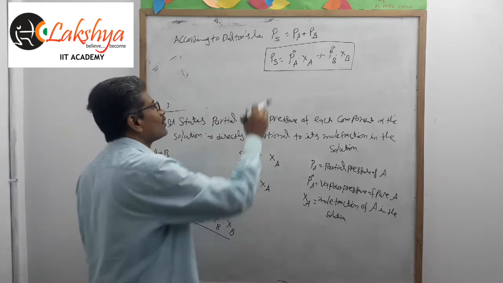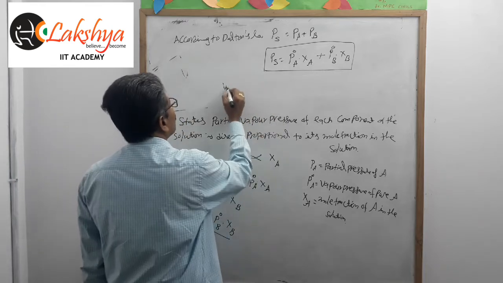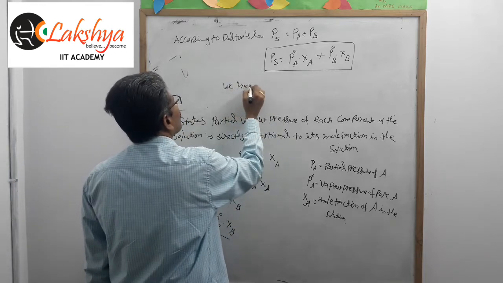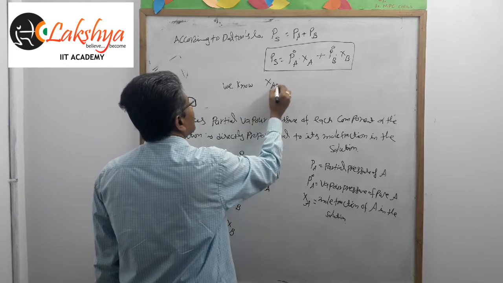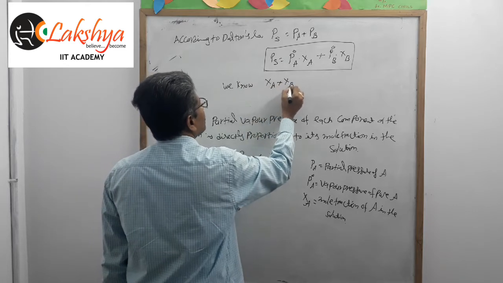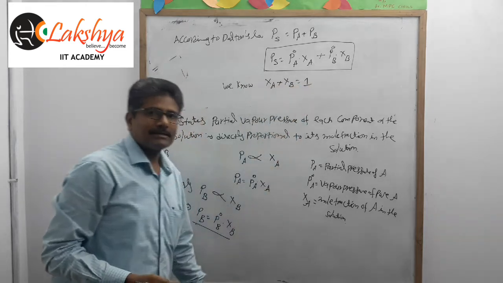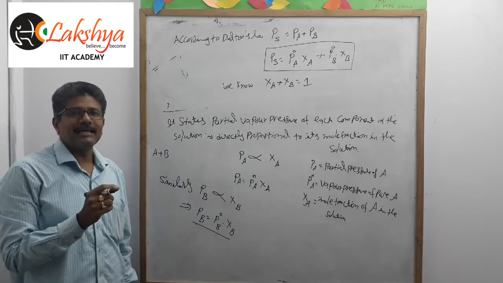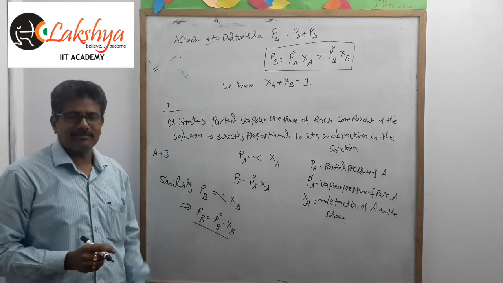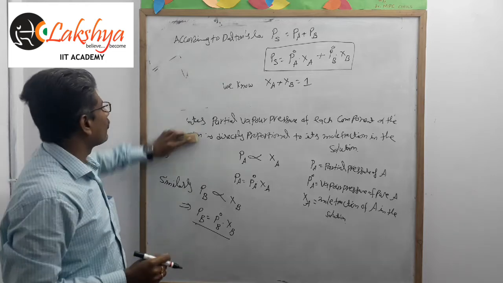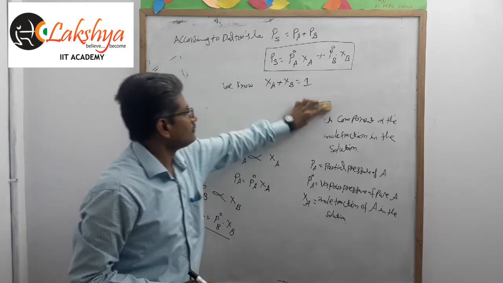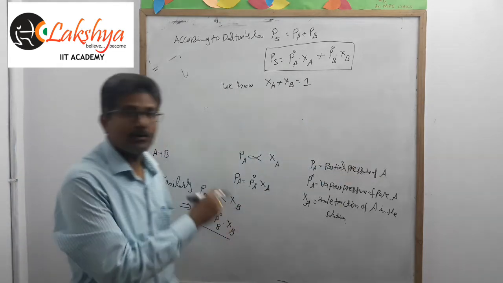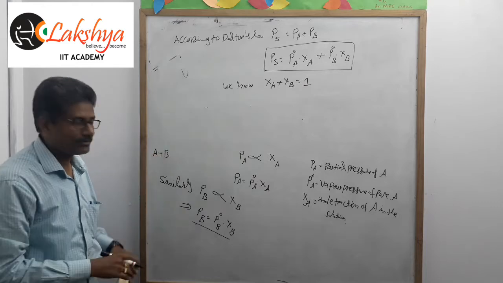Okay. Now we know XA plus XB is equal to 1. The sum of the mole fractions of all components in a mixture is equal to 1. Therefore, note down all these things by stopping the video.